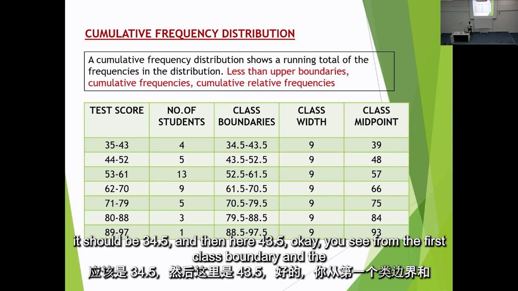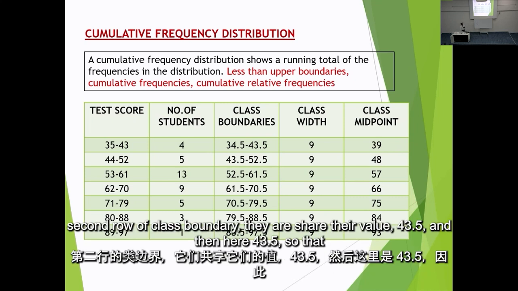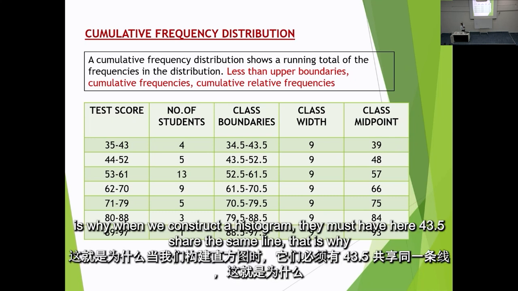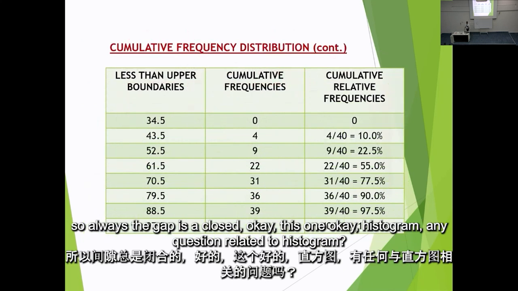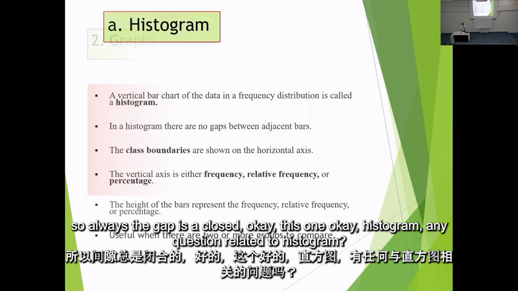You see, the first class boundary and the second row of class boundary share their value, 43.5 and 43.5. That is why when we construct a histogram, they share the same line at 43.5. That is why the bars are close. And here it should be 52.5. So the bars are always close to each other.